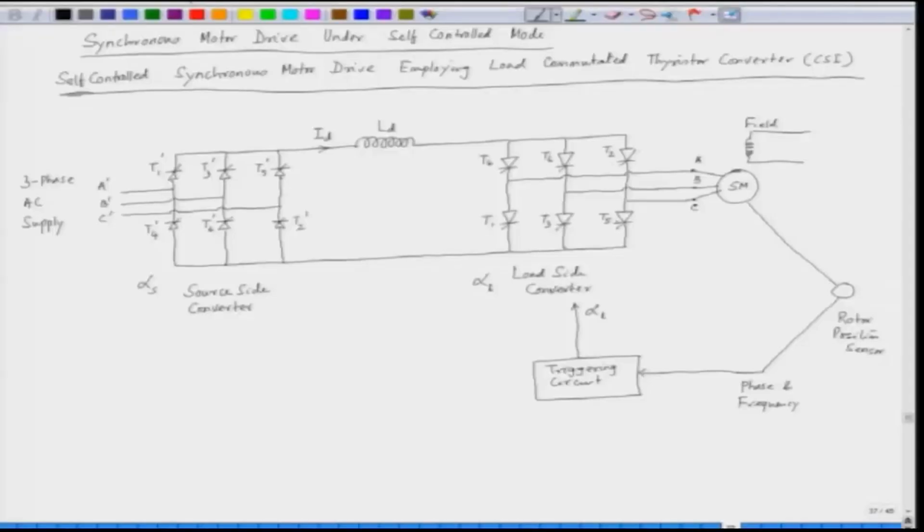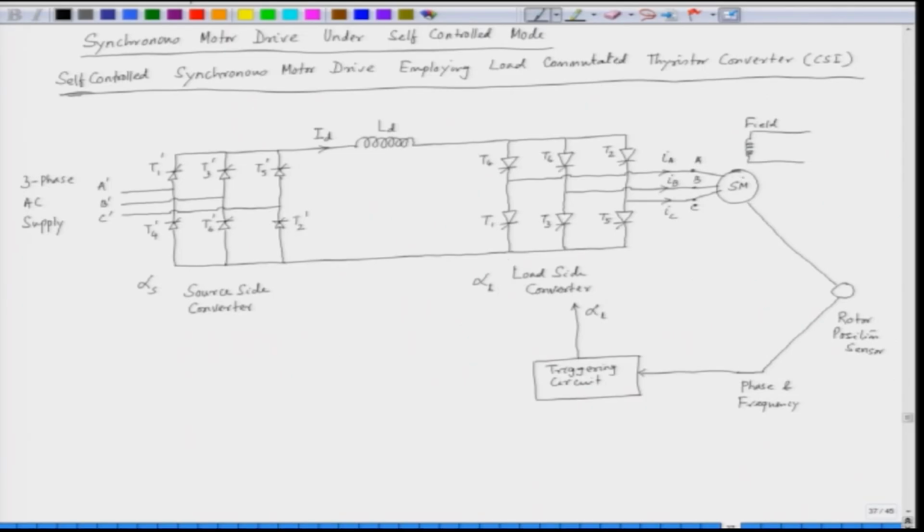So, this is the nomenclature that we follow, and these are the currents flowing into the synchronous motor stator: IA, IB and IC.